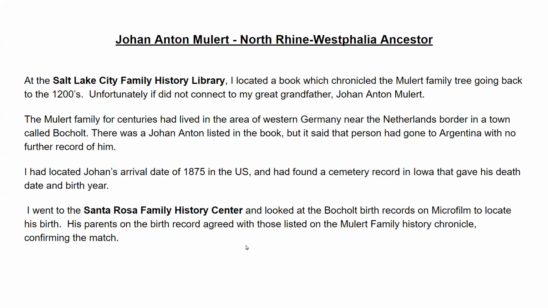I was able to locate him in the Buchholz records on microfilm, which was the link I had been missing to connect going back to the 1200s. So it was really a gold mine. But once again, the key here was a combination of a book and the family history library.